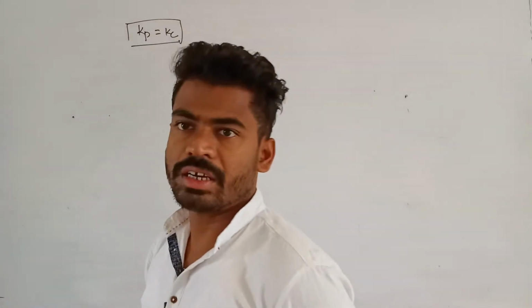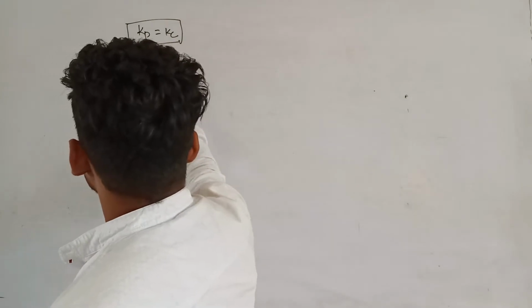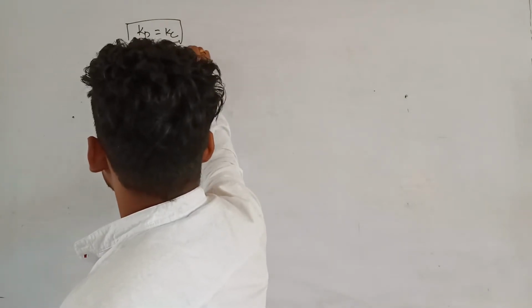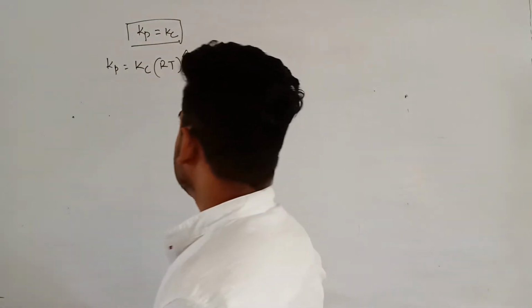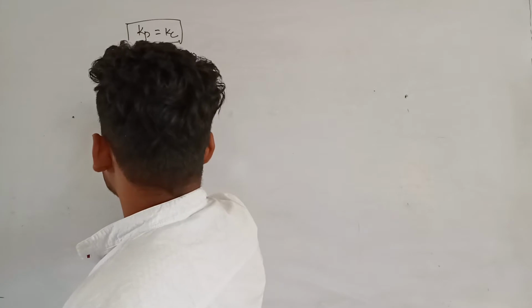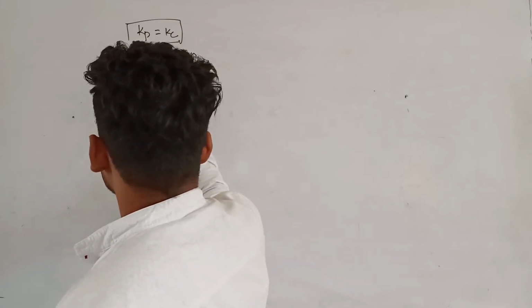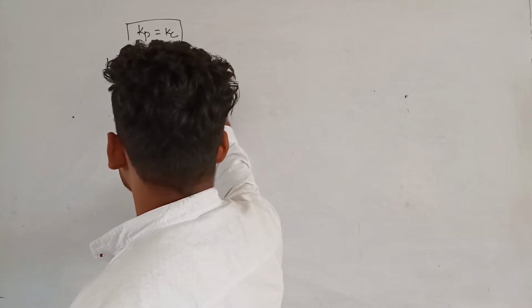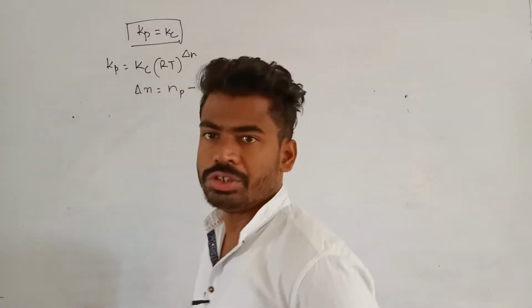So we have to consider that relationship again, that Kp is equal to Kc into RT to the power del n, change in number of moles. So here Kp equals Kc only at the condition when del n, that is number of moles of product minus number of moles of reactant, becomes equal to 0.